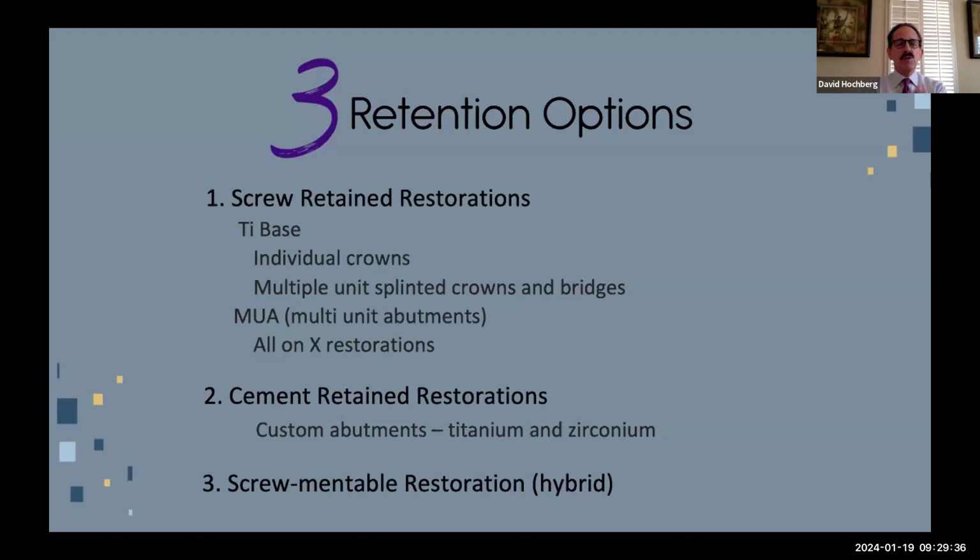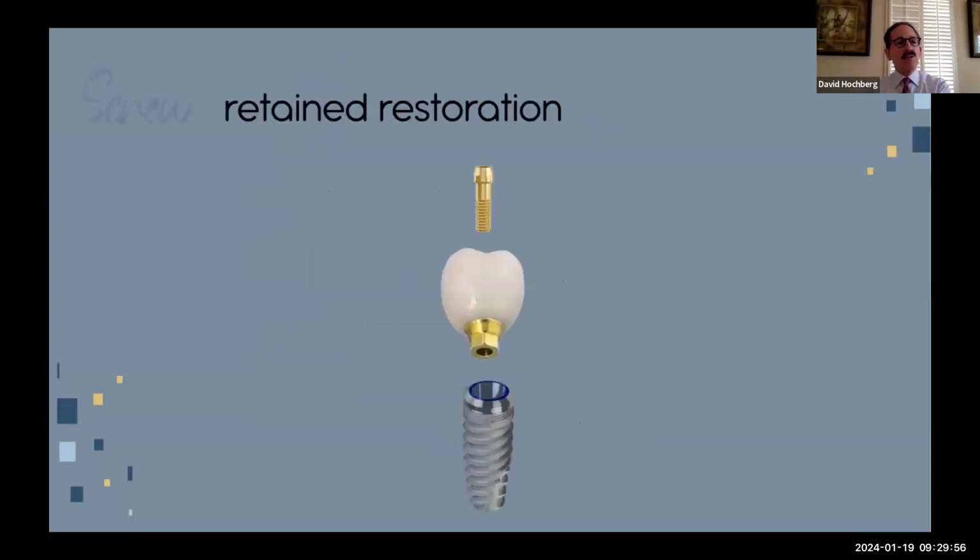And for those who are concerned about cement flowing, you'll have actually the strongest restoration. A crown that's cemented to a milled titanium custom abutment is the strongest restoration because a tie base is short and tiny. So this is another option that you have, and utilize your options for the specific indication.